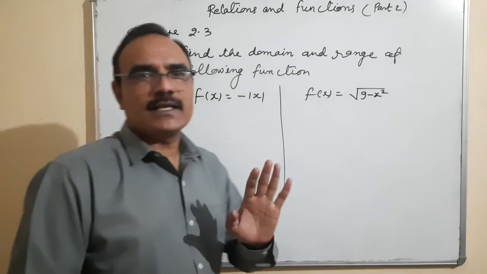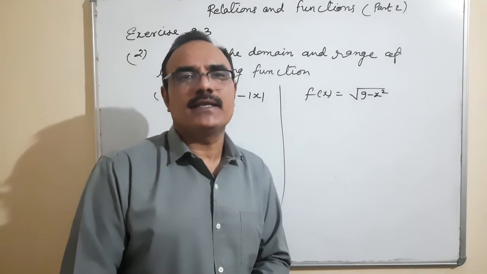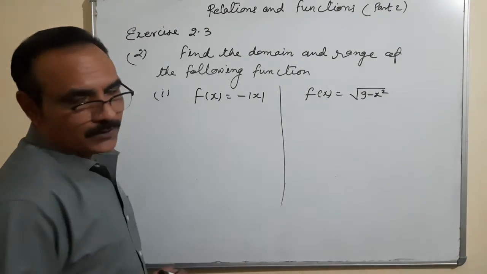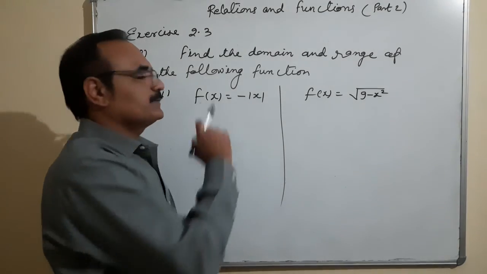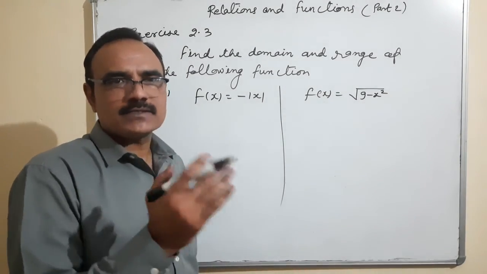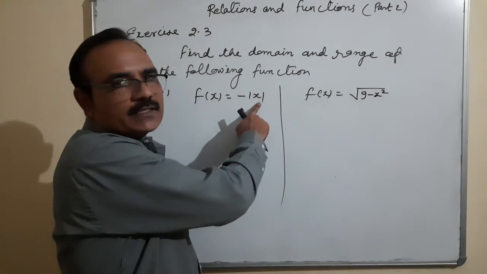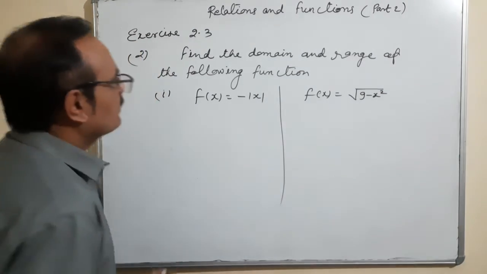Right? f of x is equal to minus mod x. We are discussing real numbers, so in place of x you can put any real number. Now, do we have any problem in putting any value in place of x here? We can put any positive value, any negative value, 0, rational, irrational, anything. There is no restriction.